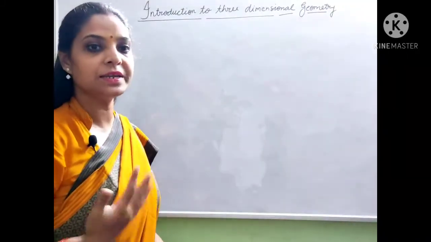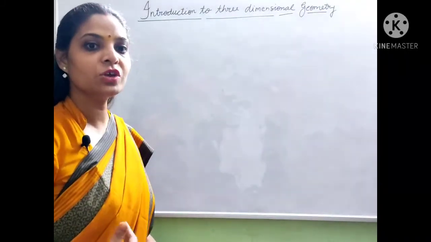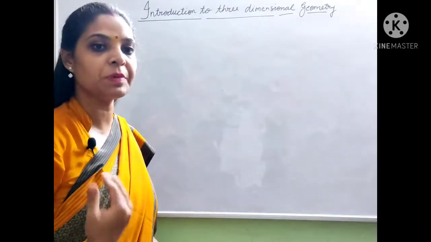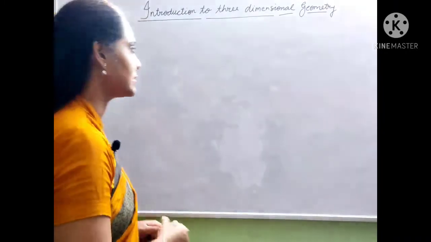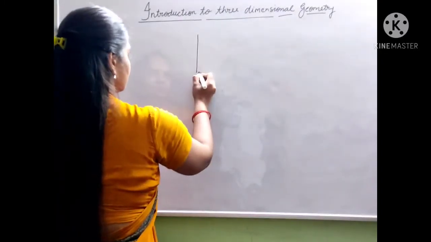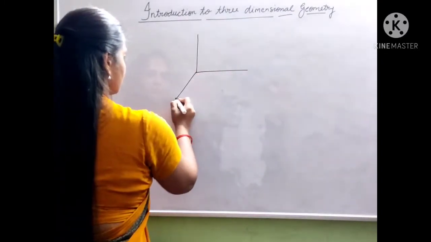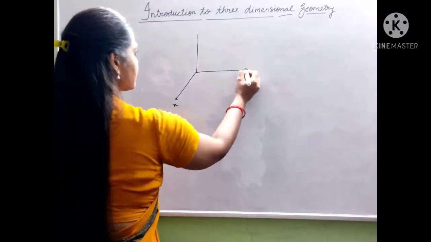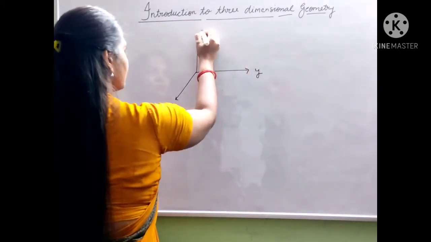We represent these three lines as X, Y and Z.